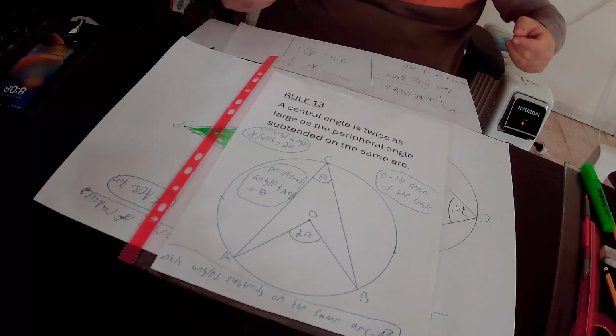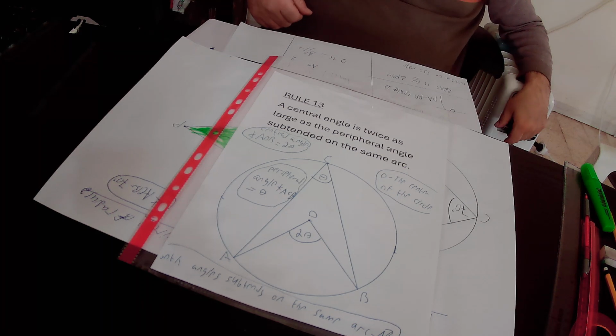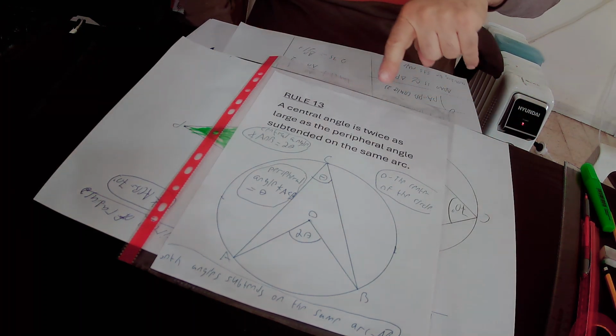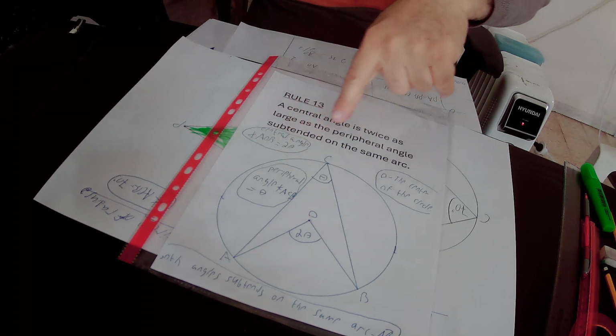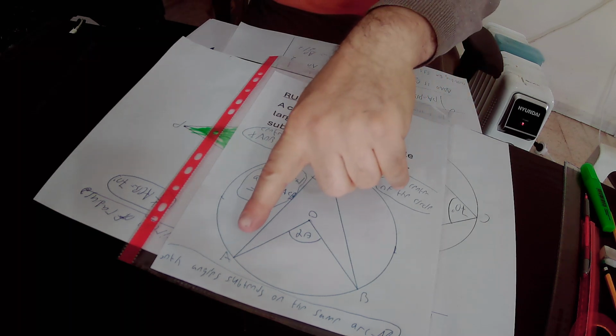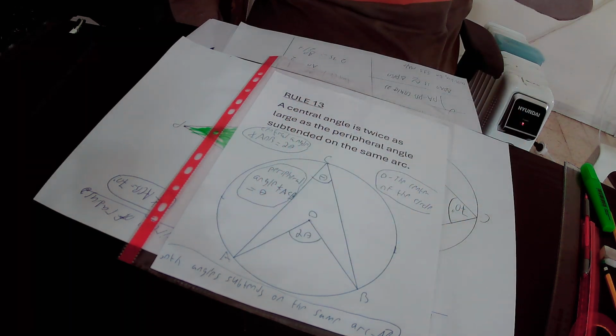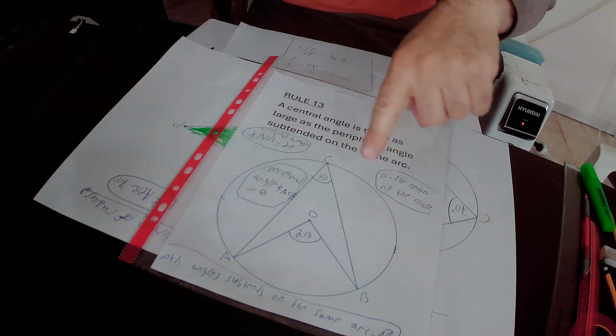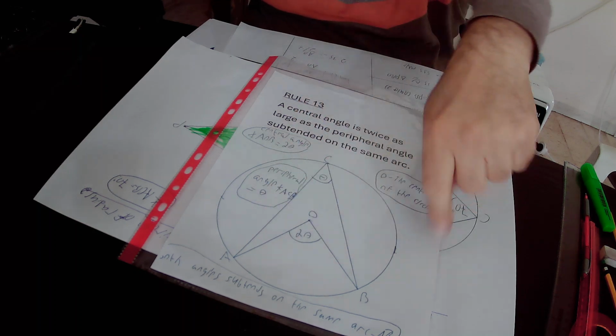According to rule 13, the central angle is twice as large as the peripheral angle subtended on the same arc. So in the drawing you have a circle. Inside this circle we have peripheral angle ACB. This is peripheral angle ACB that is subtended on arc AB. And we also have the central angle, angle AOB. AOB is the central angle that is subtended on the same arc, arc AB.